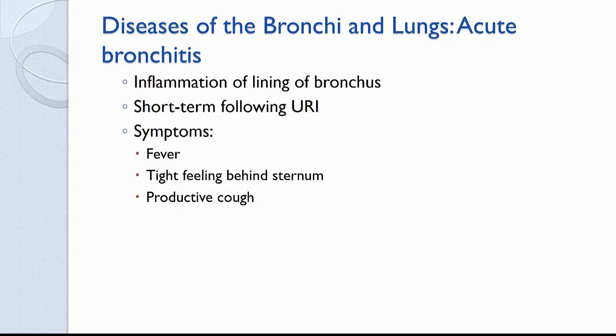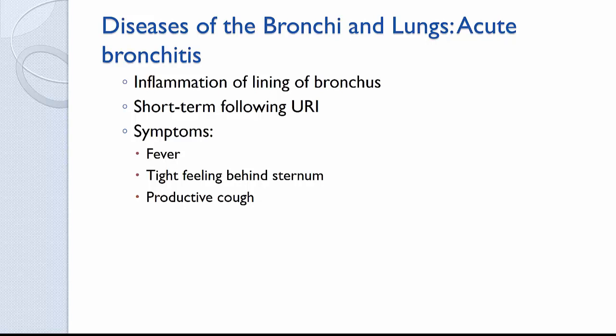And another myth, another fallacy is when someone is having productive yellowish-green sputum, even healthcare providers who've been in the business for a long time would say, "Oh my goodness, this is bacterial. We need to throw antibiotics at you."